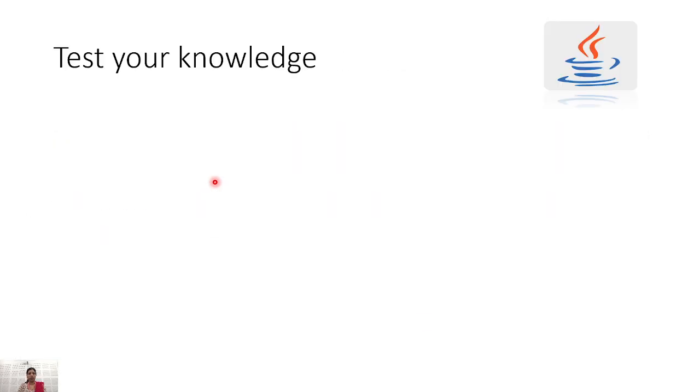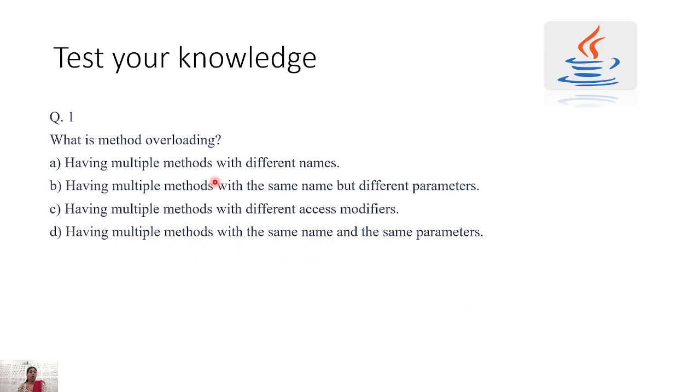Now we are done with method overloading, so let's test our knowledge. The first question is, what is method overloading? Having multiple methods with different names? Let's look at the other options. Having multiple methods with the same name but different parameters.